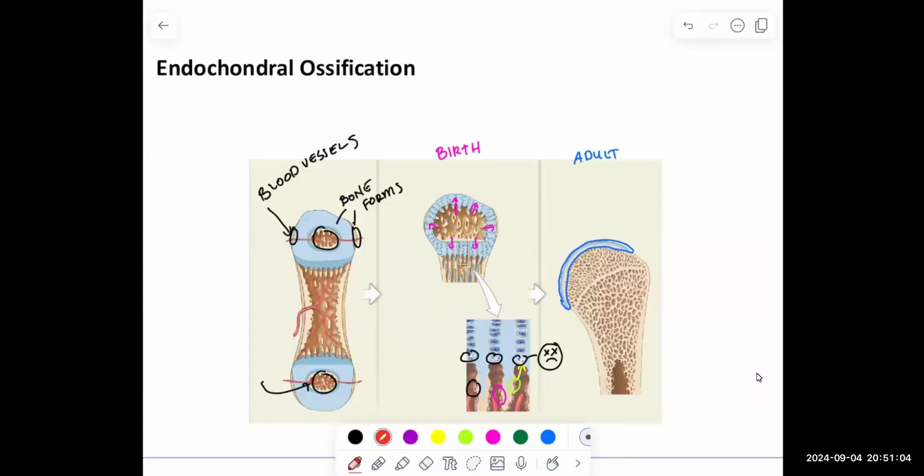You have your epiphyseal line. That's where the border was. That is this region right here. So you can see how the bone invaded and pretty much takes over. It needs to start as cartilage first, however. That is important.